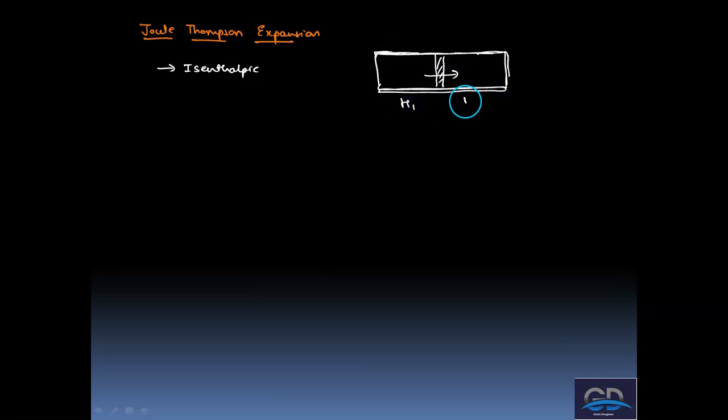So H1 will be equal to H2, which means U1 plus P1V1 will be equal to U2 plus P2V2. So if you are doing expansion, then the work would be done at the expense of internal energy, and we would conclude that it should always cool. But that is not the case.